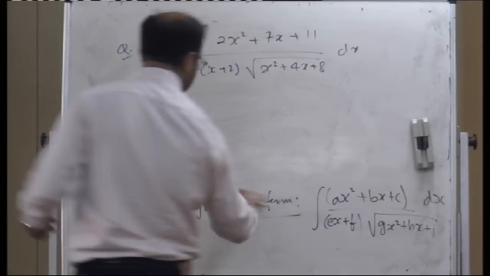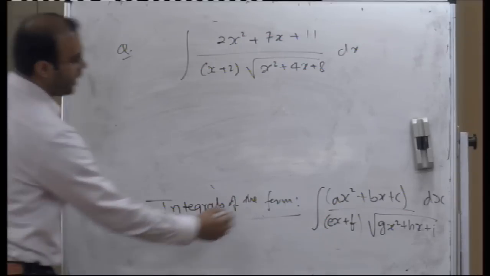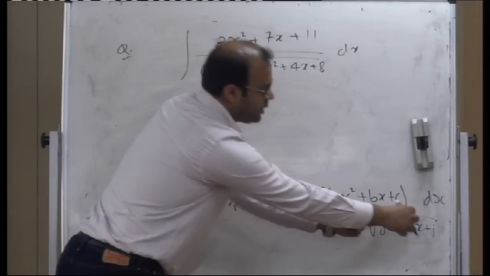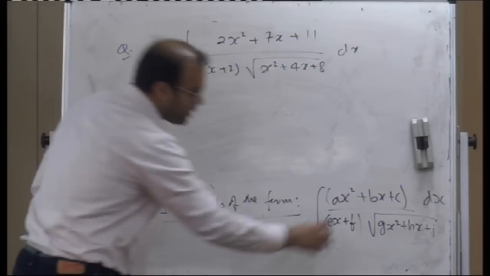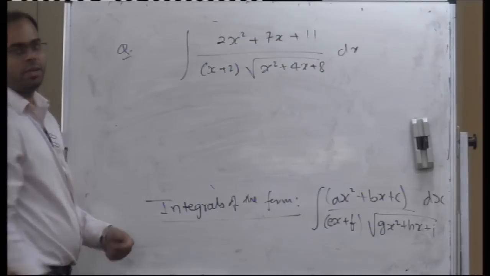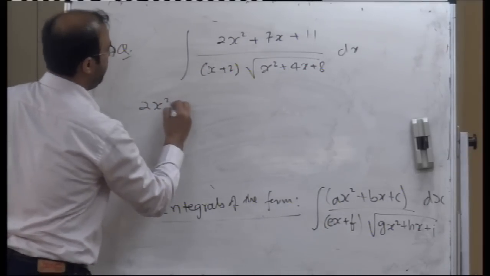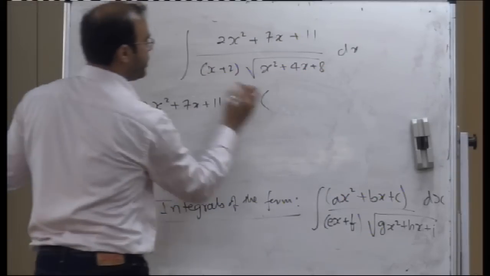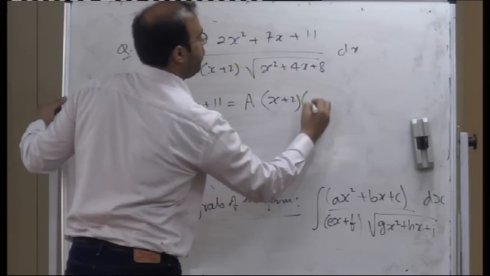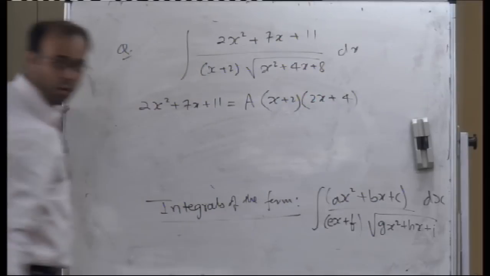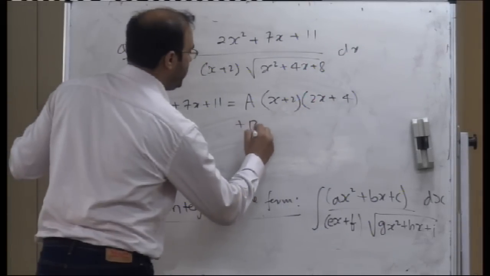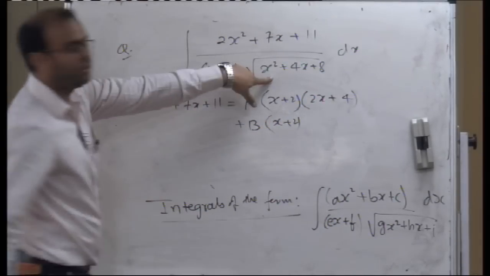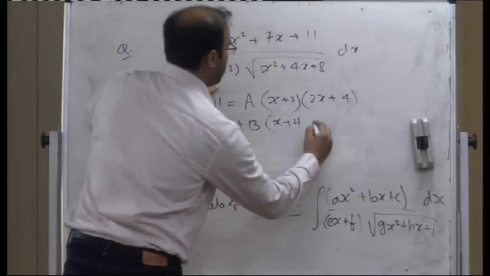So here again, in such a type of question, what you have to do is take this quadratic as a multiplication of this linear into the derivative of this quadratic, plus this linear, plus a constant. So 2x square plus 7x plus 11, you have to write it as a constant a into this linear x plus 2 into the derivative of this, which is 2x plus 4, plus another constant b into this linear x plus 2, we won't take this derivative, plus constant c.